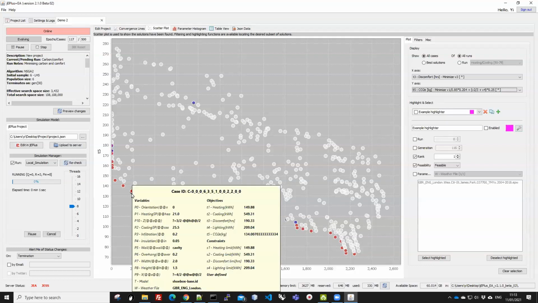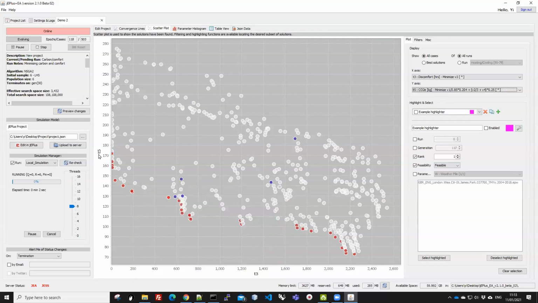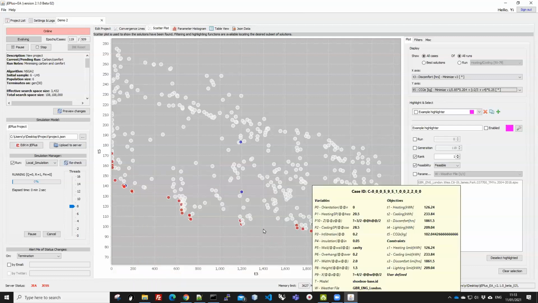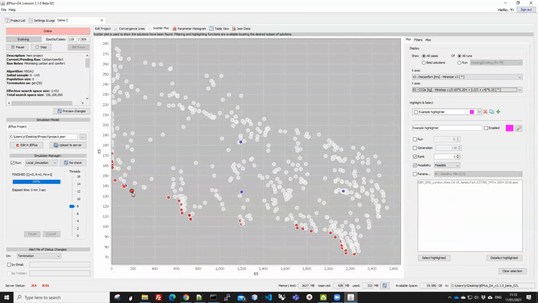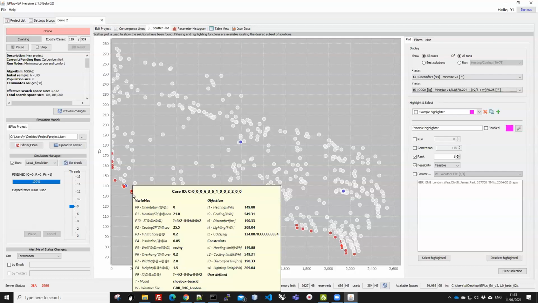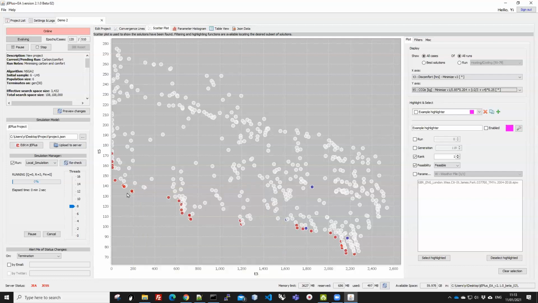So that gives you 190 hours of discomfort, but at the same time, you have the lowest carbon emission for providing heating and cooling, right? So suddenly, if you have your preferences defined, it's actually quite easy to use, right? You only need to find which point you want to take.